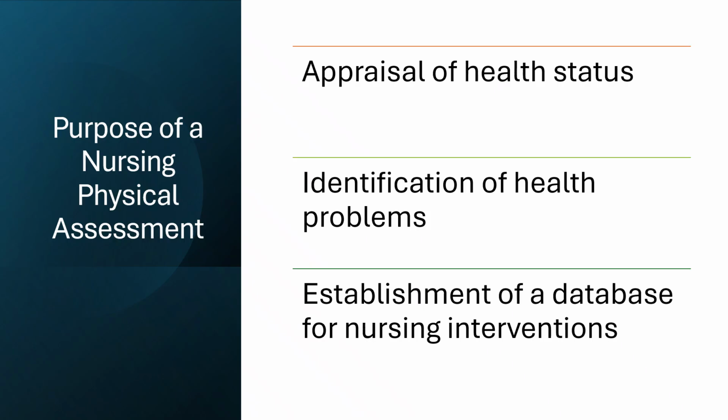Four key methods of data collection include inspection, which is systematic visual observation; palpation, which is using touch to assess texture, temperature, moisture, and vibration; percussion, which is tapping to produce sounds that reveal underlying structures; and auscultation, listening with a stethoscope to internal body sounds. Remember to focus on how the patient's condition affects their ability to function, not just what the condition is. This is the heart of what nursing assessments are.